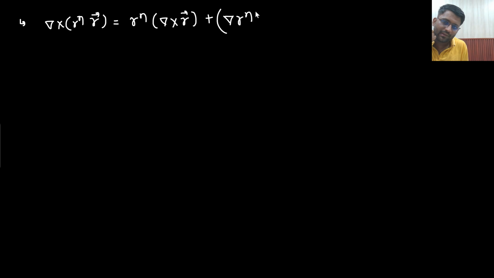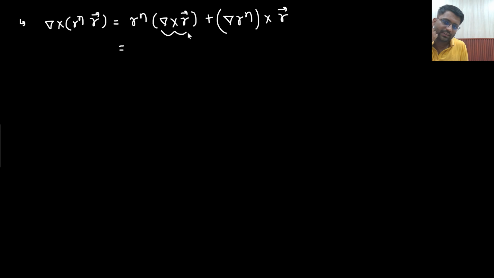So this r to the power n goes outside. Right? This will say that I will deal with r vector. Then del will say that I will deal with r to the power n, then cross product with r vector. Understandable? r to the power n goes outside, del cross r, then r to the power n will say that I will deal with del, so directly deal with del, then cross product with r vector.